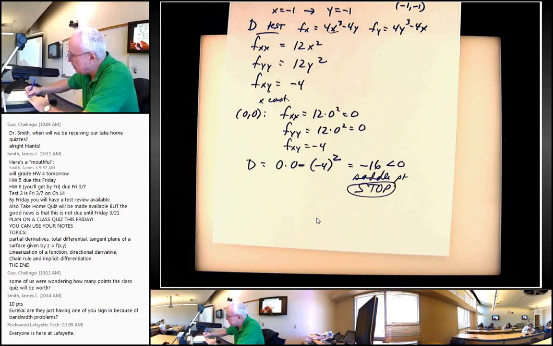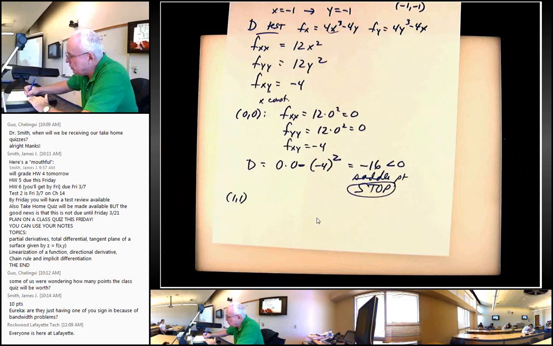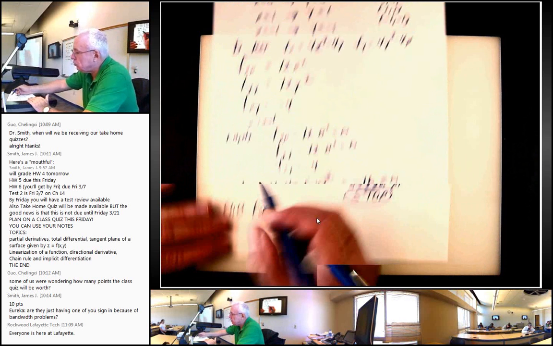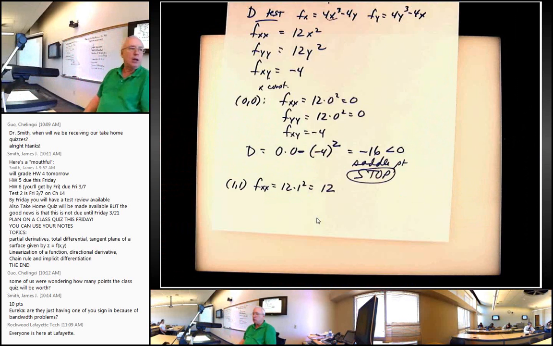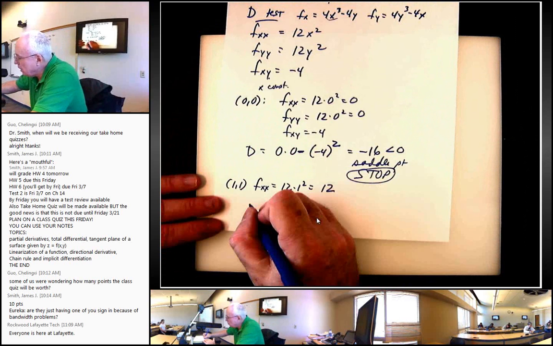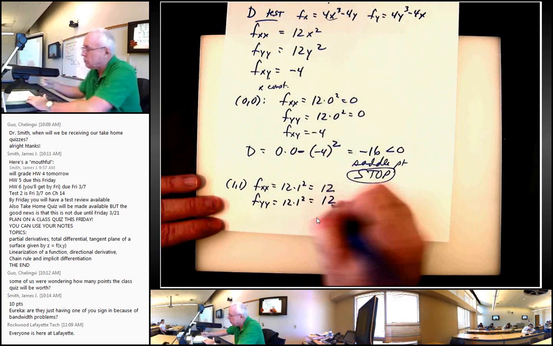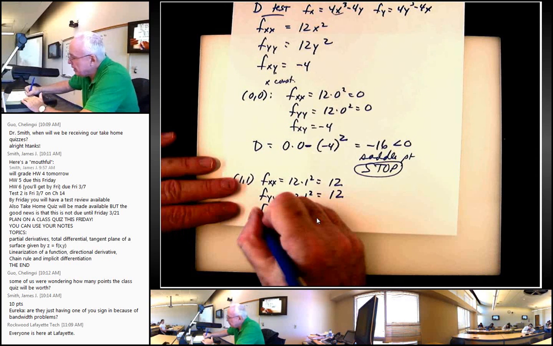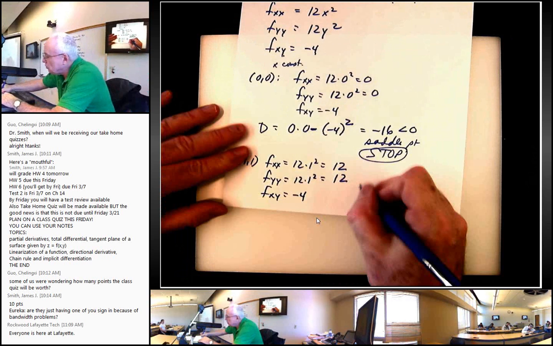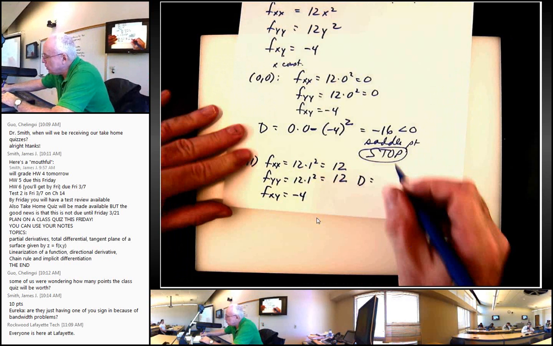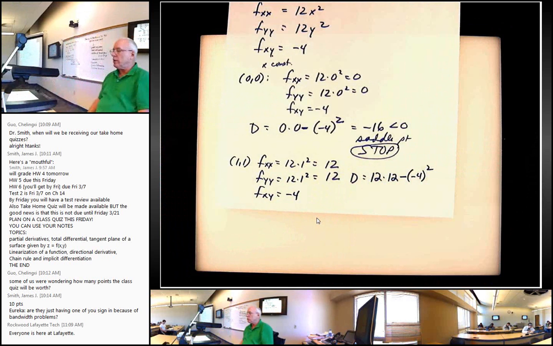Now let's go to the second one, which is 1, 1. Okay, for 1, 1, fxx is going to be 12 times x squared, 12 times 1 squared. It's going to be 12. fyy is going to be 12y squared, 12 times 1 squared, also equal to 12. fxy always equals, in this case, negative 4. So our D then, in this case, is 12 times 12 minus a negative 4 squared.